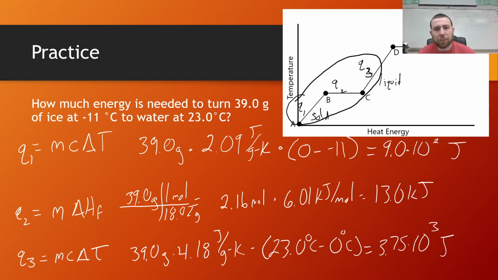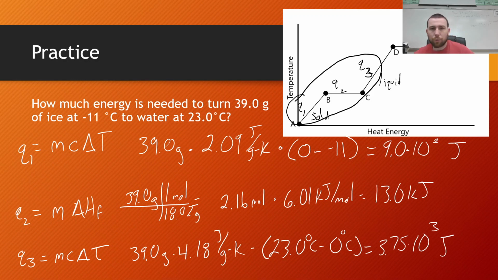And so then we're left with just combining all of those terms together. I would convert the joules to kilojoules to make that easier. So you'd have 0.900 kilojoules plus 13.0 kilojoules plus 3.75 kilojoules.